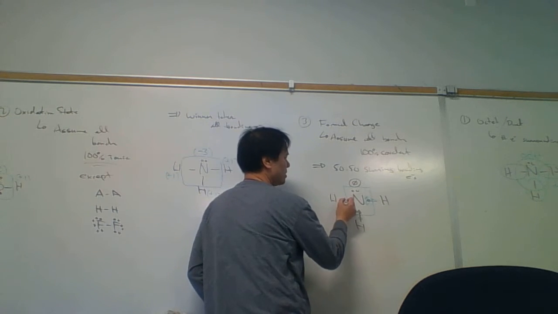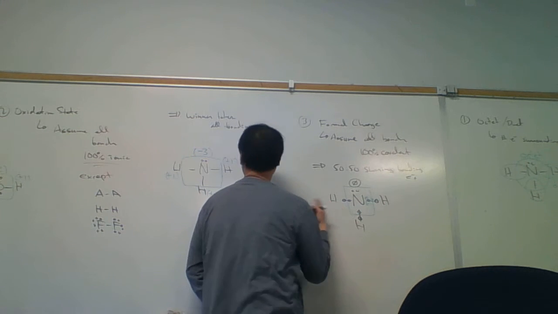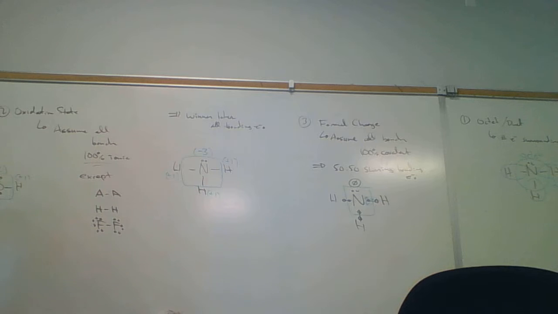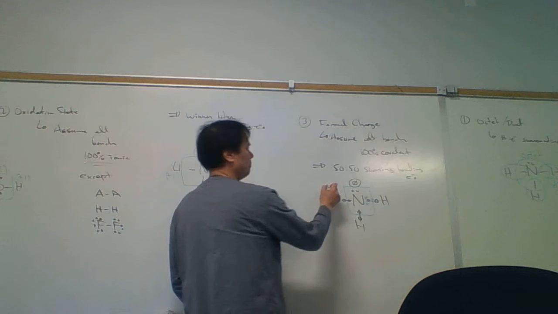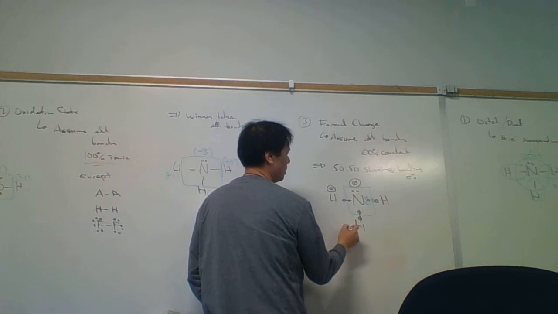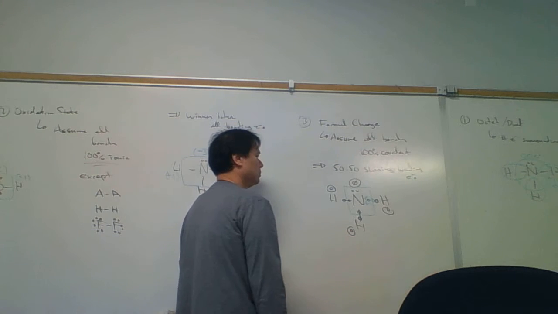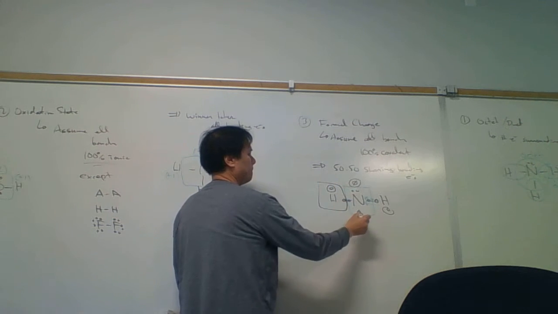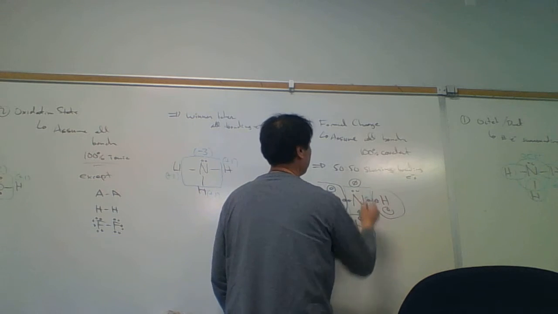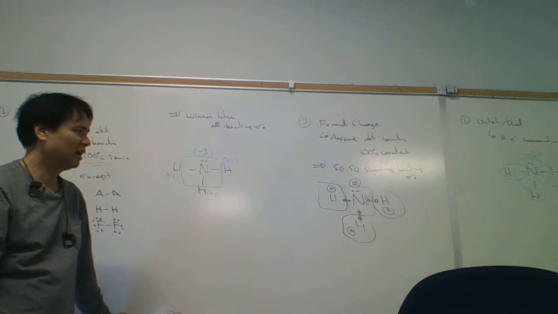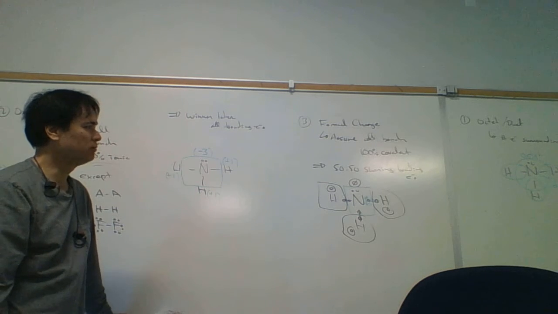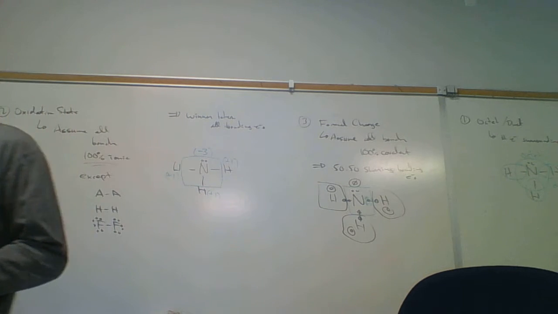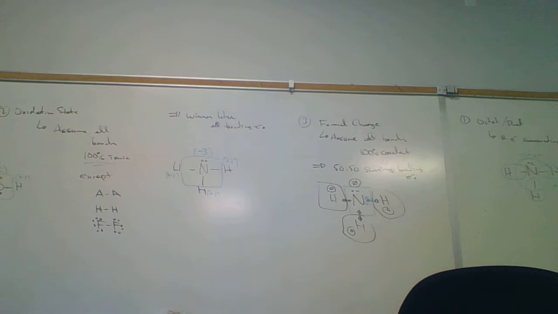Now, each hydrogen ends up with 1 electron, and hydrogen normally has 1 electron, so it broke even. Each hydrogen has a 0 formal charge. So everybody broke even. Nitrogen contributed 5 electrons, it got 5 electrons back. Hydrogen contributed 1 electron, it got 1 electron back. So that's what we call formal charge.